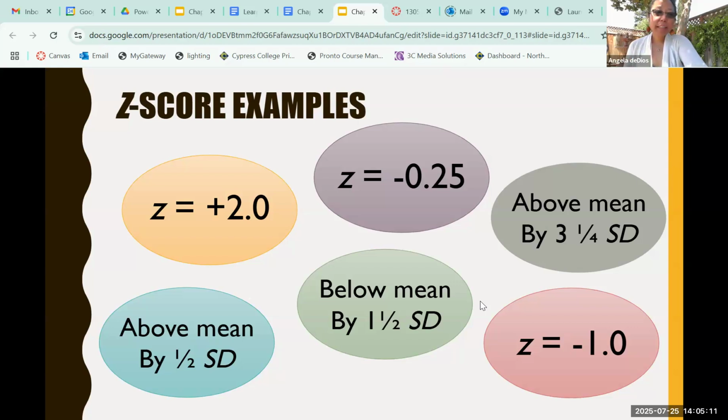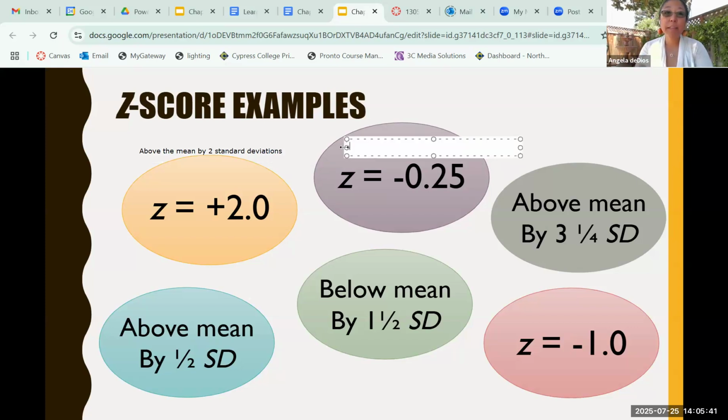Okay, so let's look at all these z-scores first. So for a z-score of +2, the first part of it tells me that this score is above the mean. And the number tells me that it's 2 standard deviations above the mean. All right, for my z-score of negative 0.25, that tells me that this is below the mean by 0.25 as a proportion.